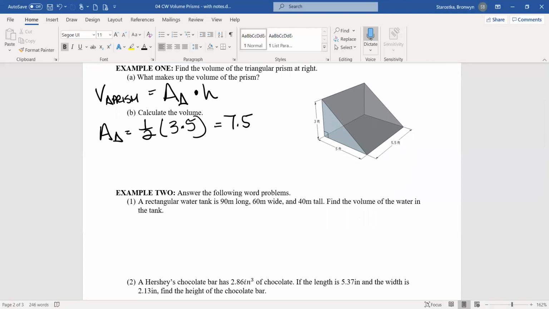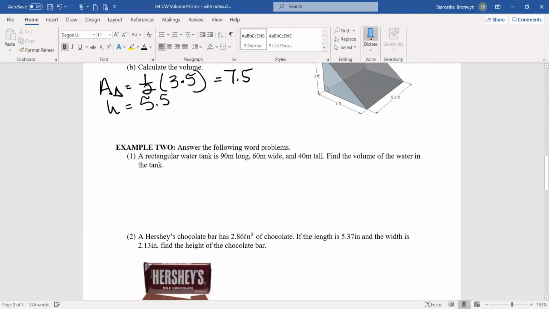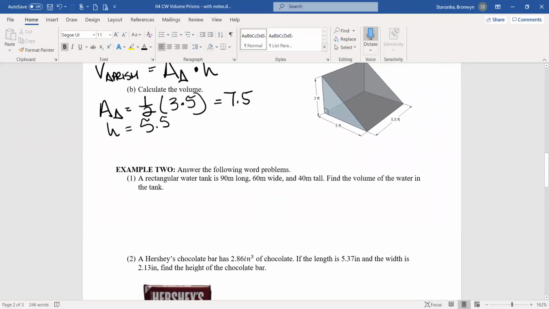The height, if we put it up on its triangular base and turned it so it was upright, is 5.5. So the volume of this prism is 7.5 times 5.5 or 41.25.